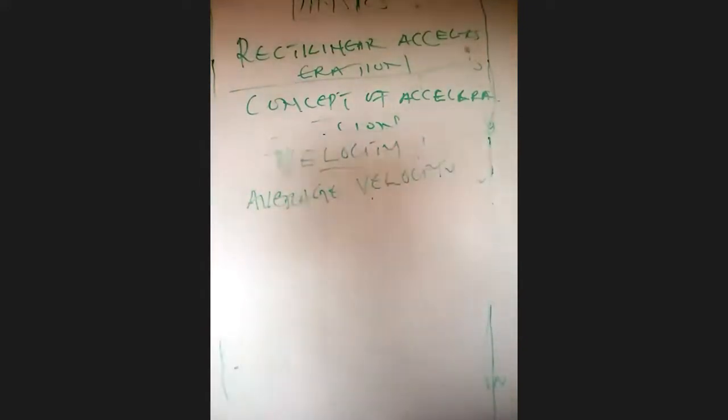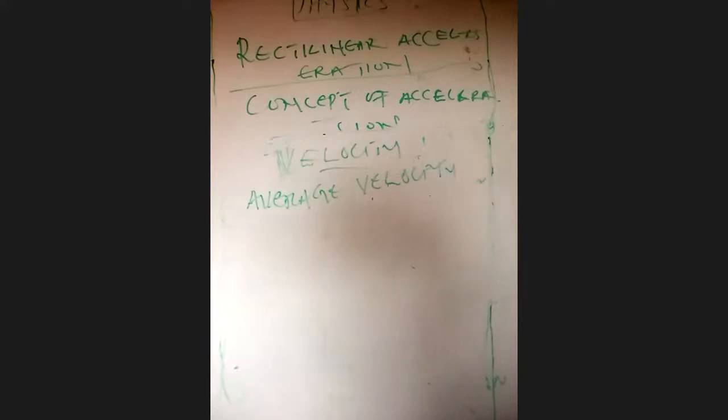Velocity is defined as the rate of change of displacement with respect to time. This is different from acceleration, which is the rate of change of velocity with respect to time.